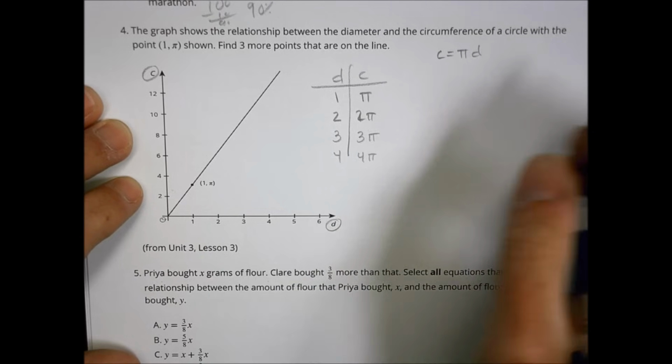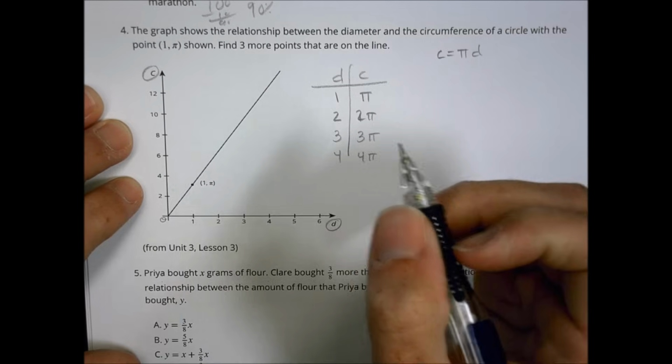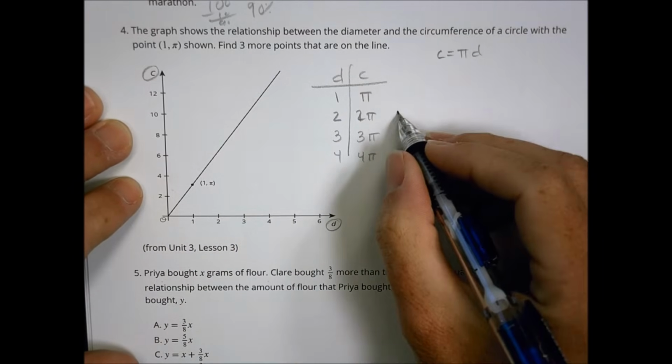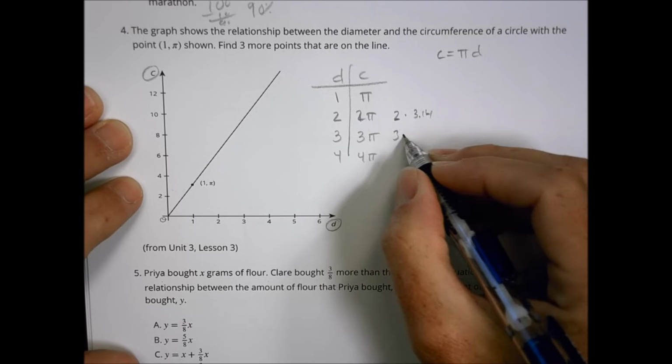Now, these values here are numeric, right? They're not in terms of pi, they're actual numbers. So maybe I multiply 2 times 3.14, I do 3 times 3.14.